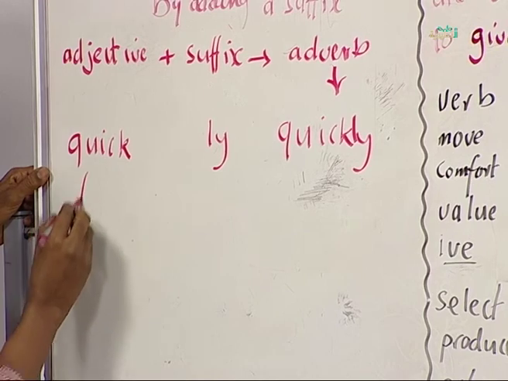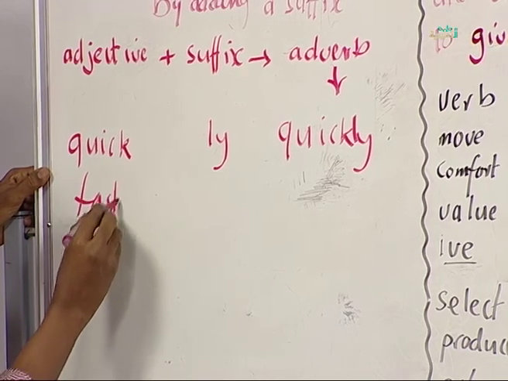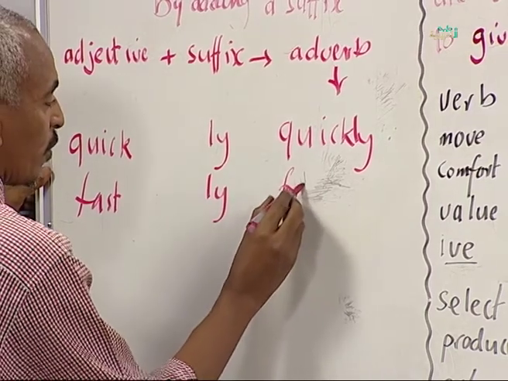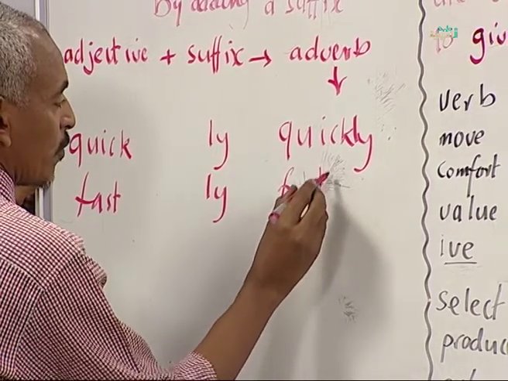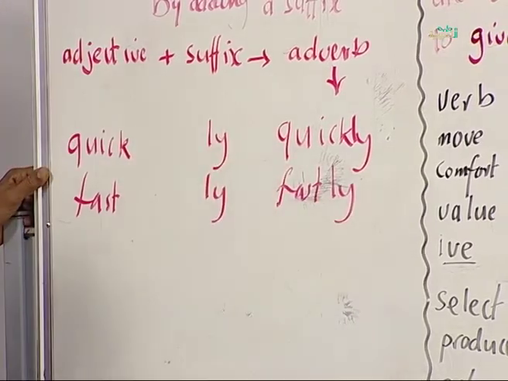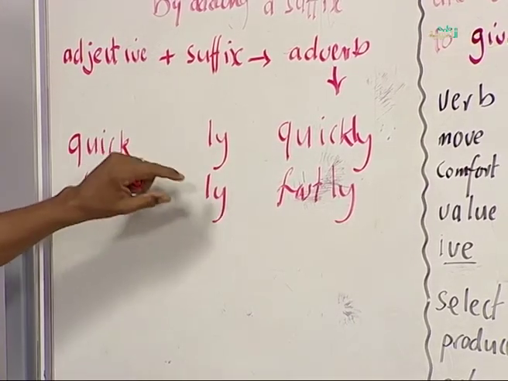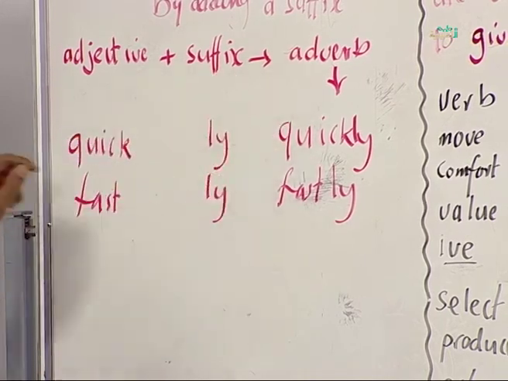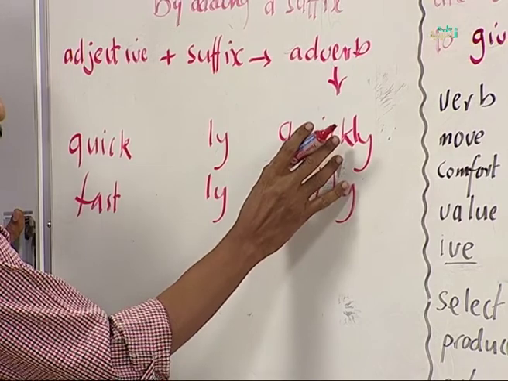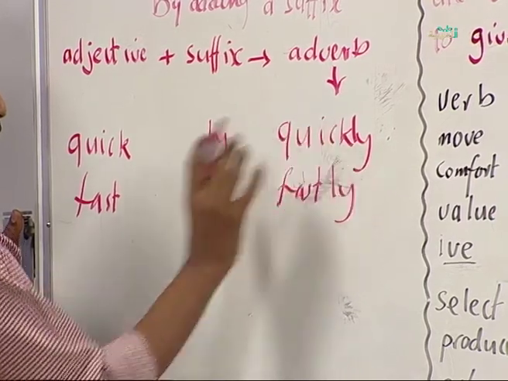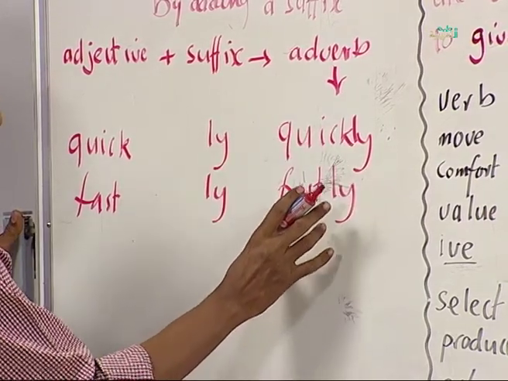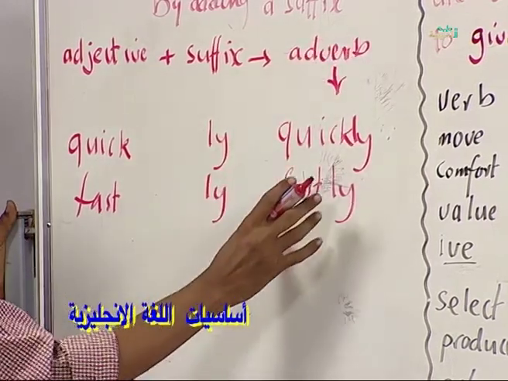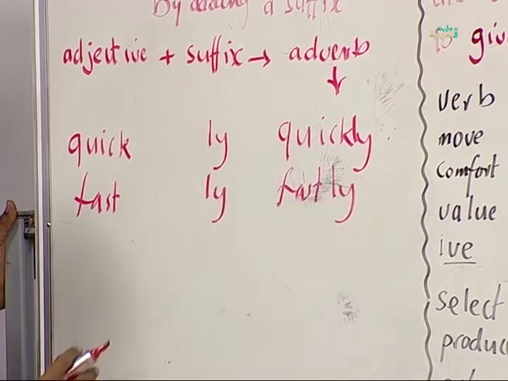For example, fast, we add to it ly, it gives fastly. Here, quickly, it is an adverb. It's going to give an idea about how the action or how the verb happens.